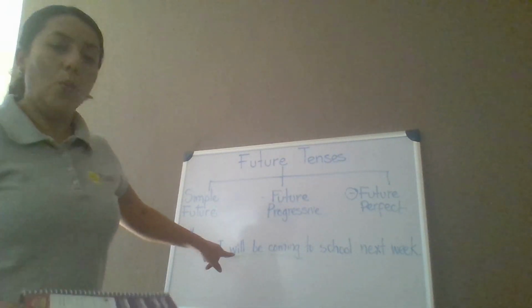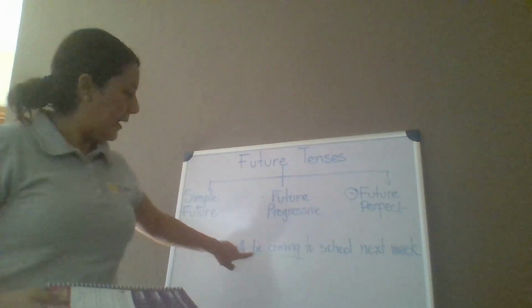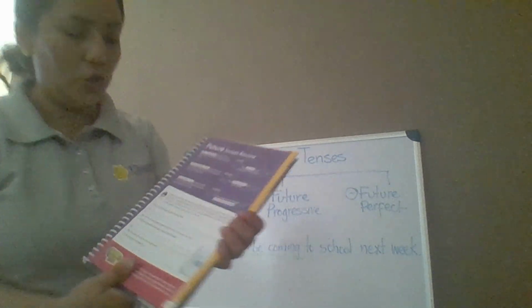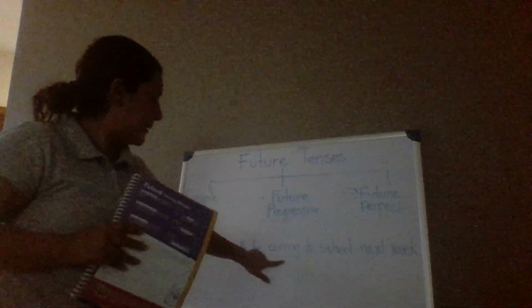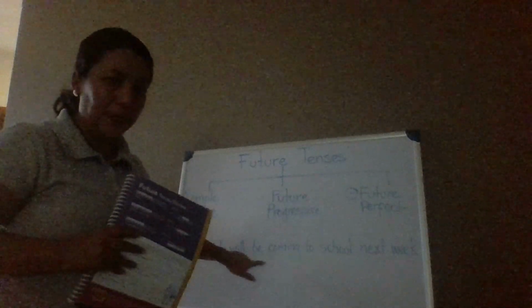So, which tense has will plus be plus a verb in ing? Let's start with simple future. Will plus a verb. Will plus a, no. Will plus be.